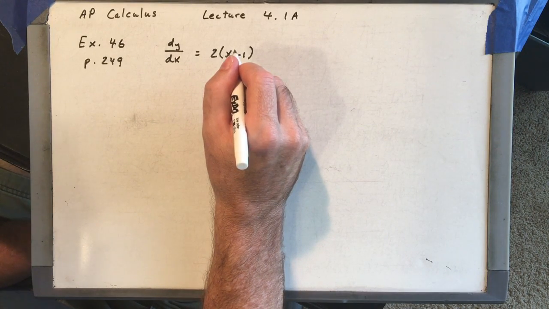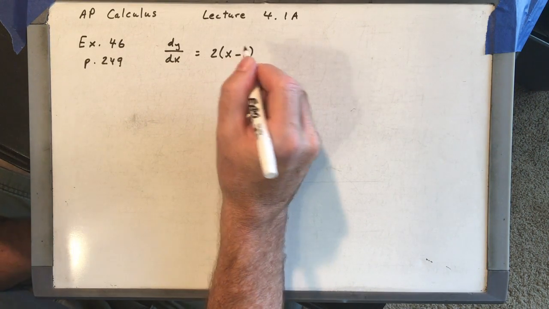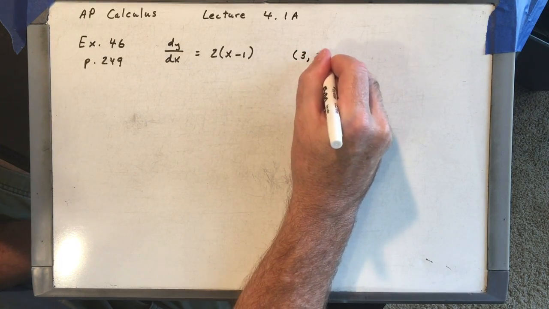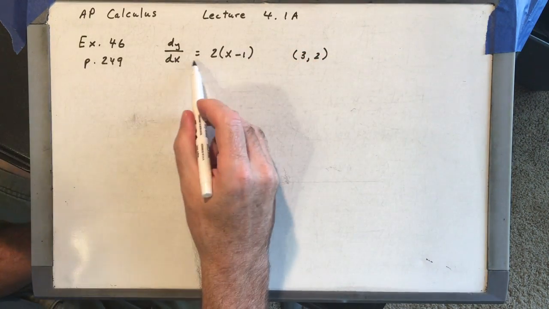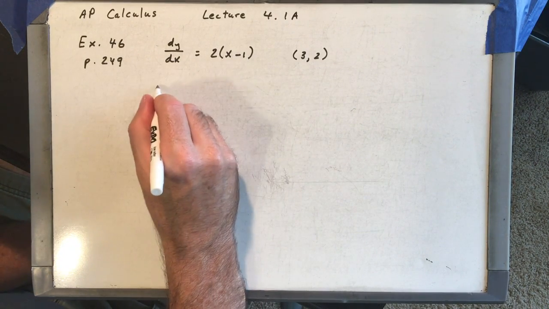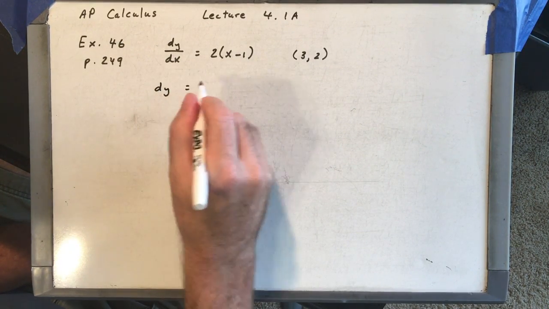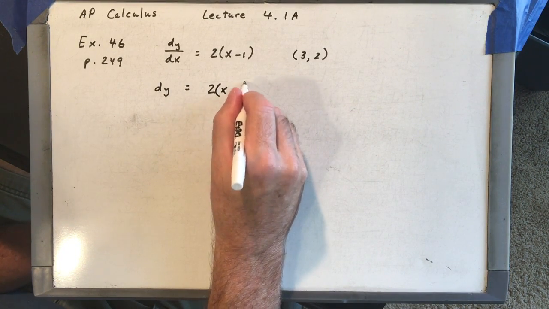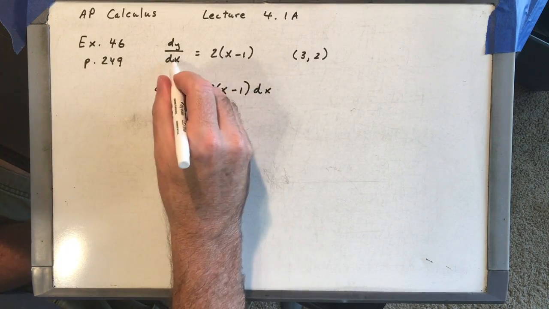I don't have the book open, I'm trying to find it. So x is 3, y is 2. We're trying to get to the original equation, y equals something. So first of all, we want dy on one side, and then 2 times x minus 1 dx. I just brought that dx over here.